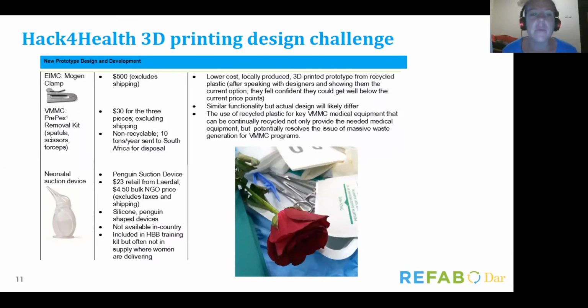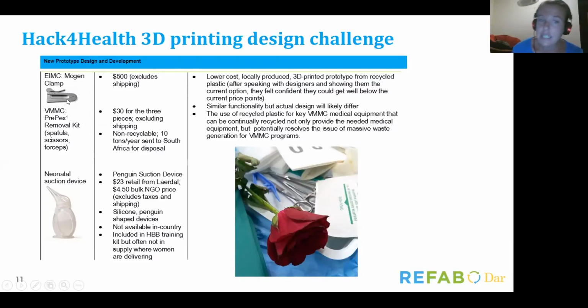Most particularly, we need something for this neonatal suction device right here. I don't know if you guys can see my mouse, but I hope you can. This is really a cute device. They're absolutely darling. However, we need a closer supply chain. And the pricing is high when you're talking about a developing country.